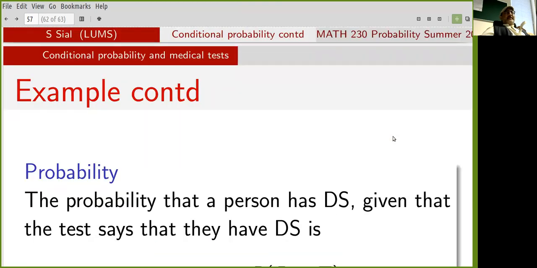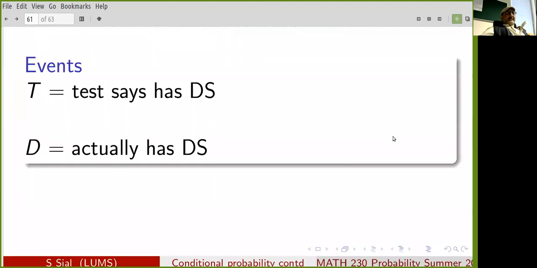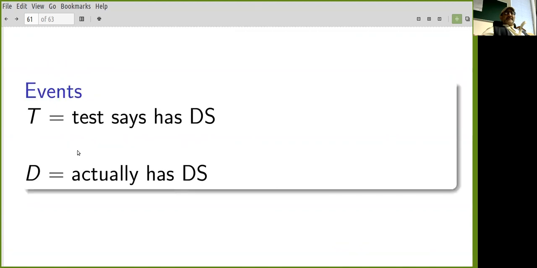So now we would like to know, what is the probability that the person has DS, given that the test says that they have DS? What is the probability that any general person has the disease? That was 1%. Now, what if the test says that the person has the disease? What is the probability that the person has the disease, given that the test says that they have the disease?